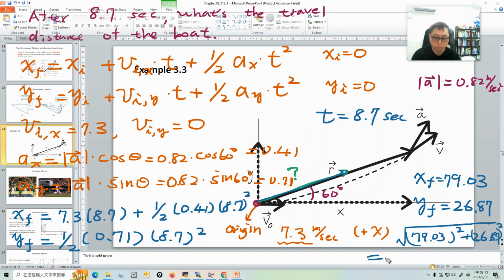I think it's not hard for each of you. Then the final travel distance is 83.47 meters. Okay, so that's the answer.